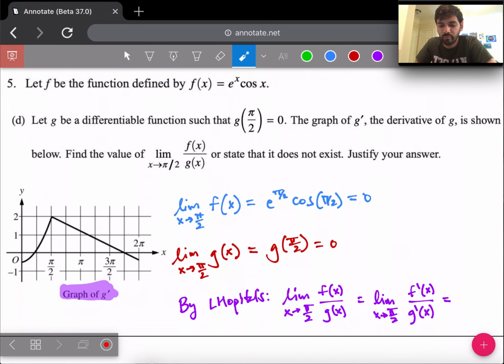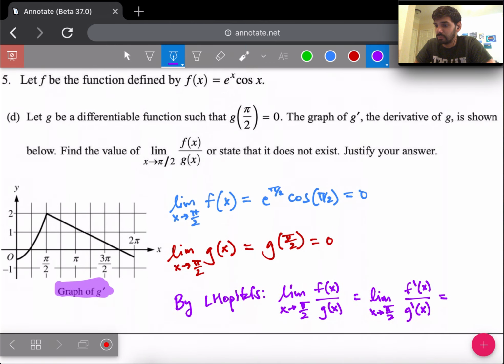When you do that, though, you will get negative e to the pi over 2, all over g prime of x. So g prime of pi over 2. So I go over here to the graph at pi over 2. G prime of pi over 2 is at the value 2. So I'm going to put divided by 2 here. Okay, and there's your final answer.